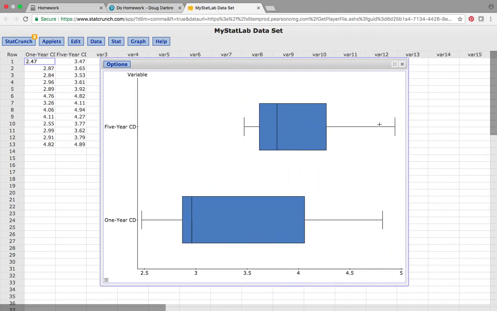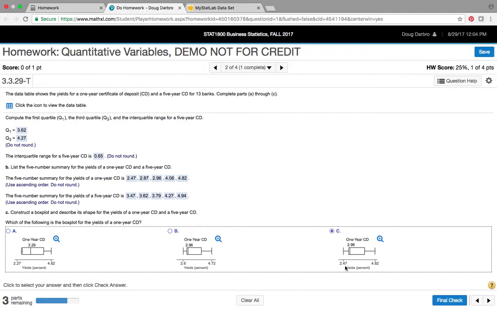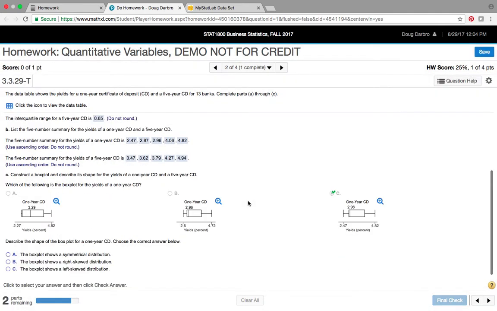I can see that the right tail is longer, and when I look in the center of the box, the middle 50%, the IQR, the third 25% is bigger. More variation in the third 25%. So when I look down through here, and it only gives me 3 choices, it looks like to me that the one that matches up will be C.